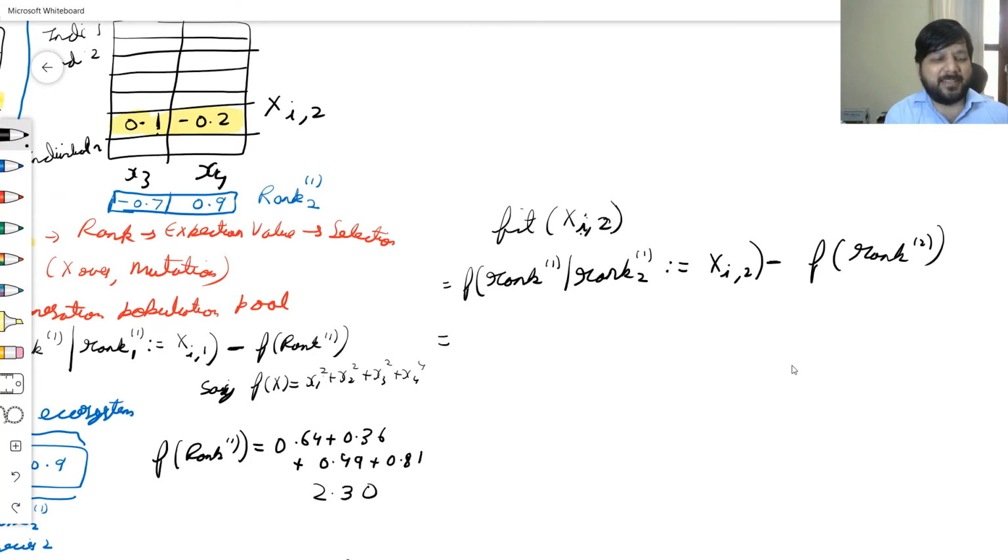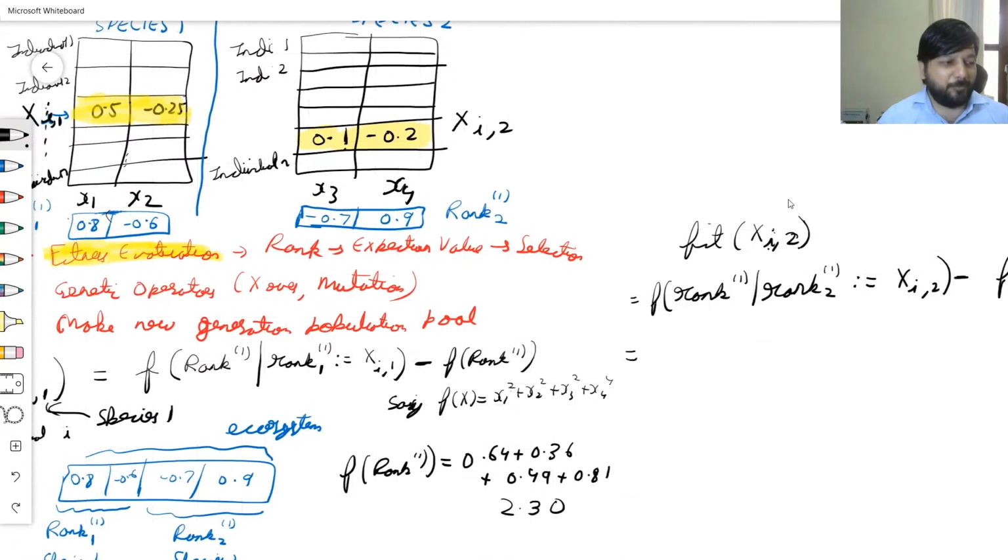So let's take the rank 1 individual. So it's still 0.8, minus 0.6, minus 0.7, 0.9. And in that I make the substitution. So rank 1 species 2 is replaced by xi2.